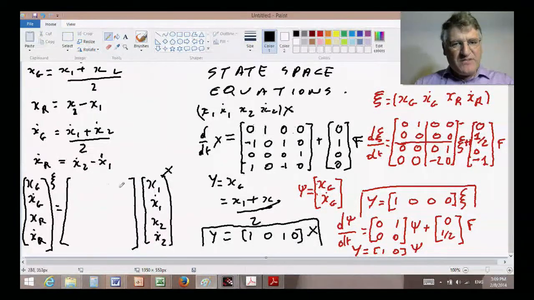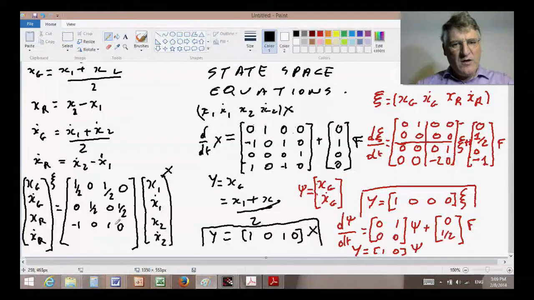The matrix will be populated as follows. xg is equal to x1 plus x2 over 2. So it will be 1/2, 0, 1/2, 0. xg dot likewise will be 0, 1/2, 0, 1/2. xr is equal to x2 minus x1, so it will be -1, 0, 1, 0.